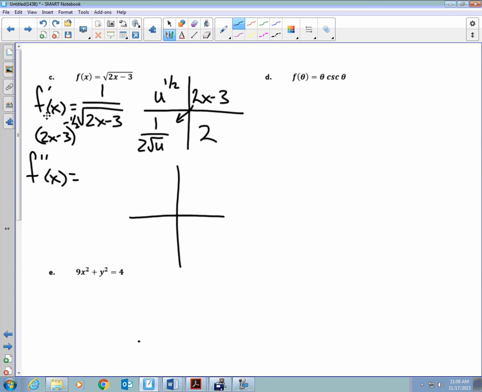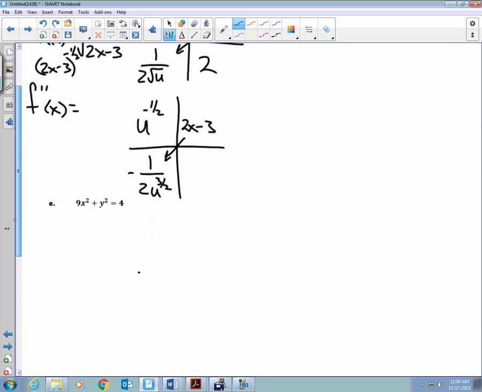So what's the inside? What's the outside? What is the derivative of u to the negative 1/2? So the 3/2, because negative 1/2 minus 1 is negative 3/2.